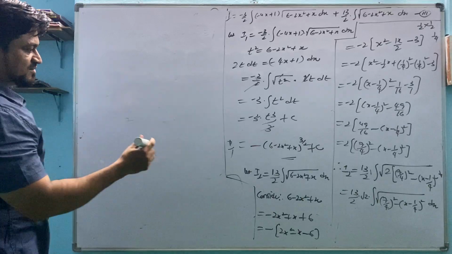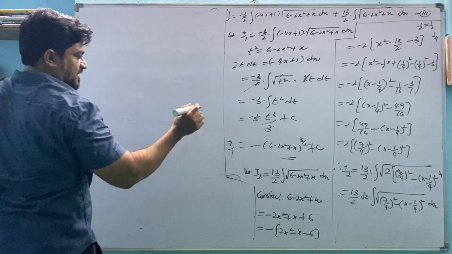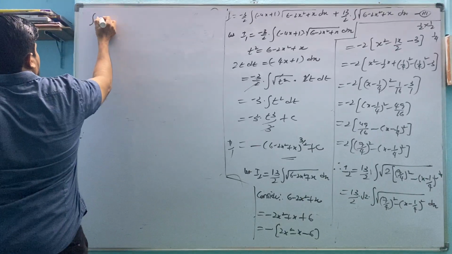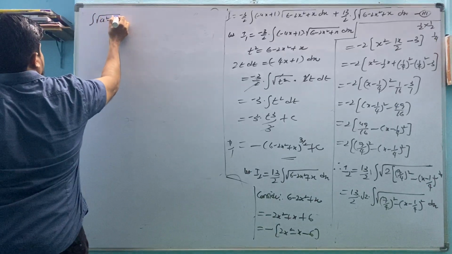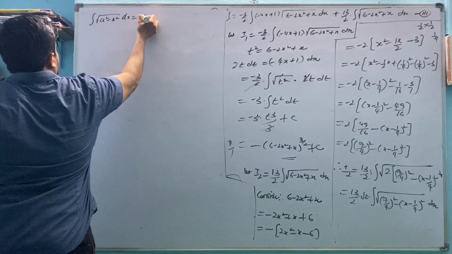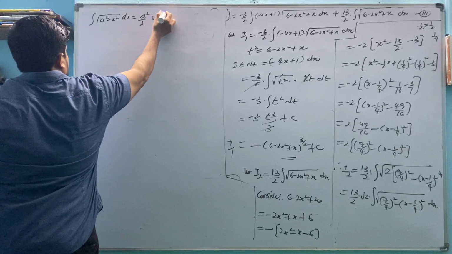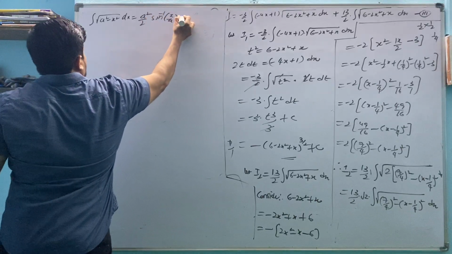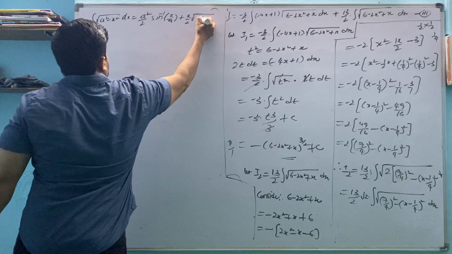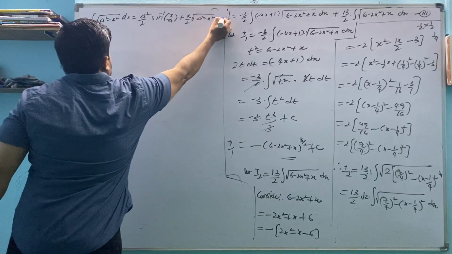Now what do we have there? Integral root over a square minus x square is a square by 2 sin inverse x by a plus x by 2 root of a square minus x square plus c.